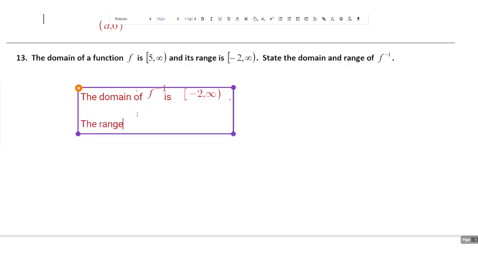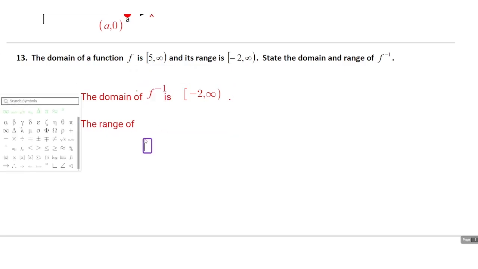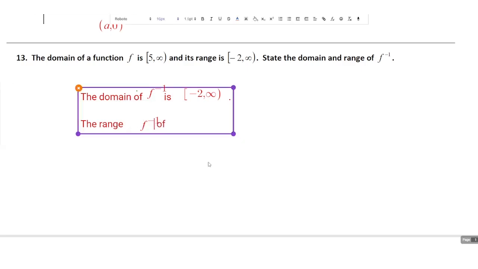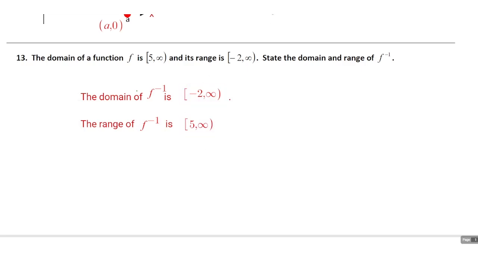All right, the range of the inverse of f is going to be the domain of the original function f. So yeah, it's just backwards. The domain of the original function is the range of its inverse and vice versa.